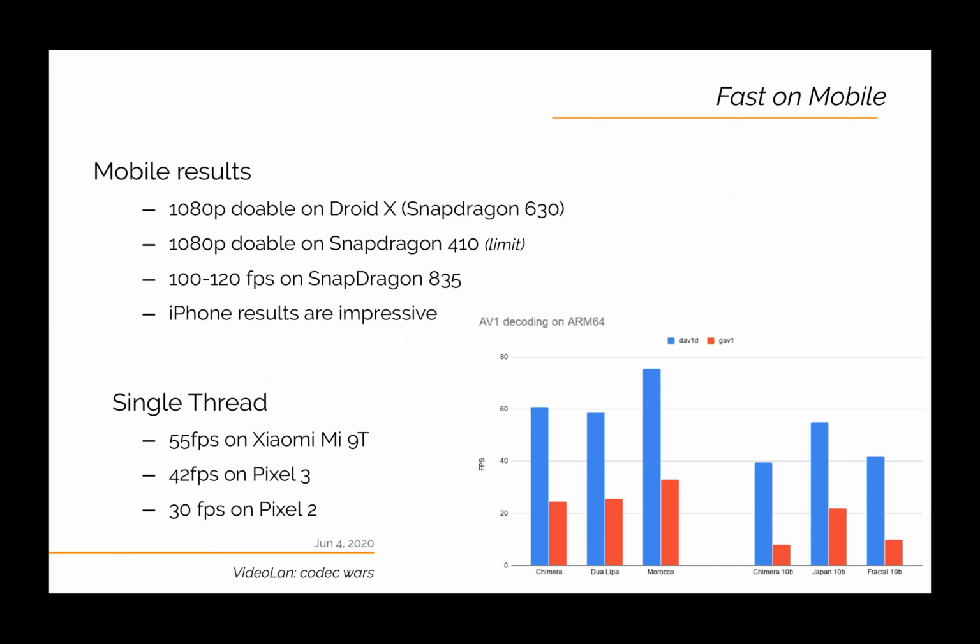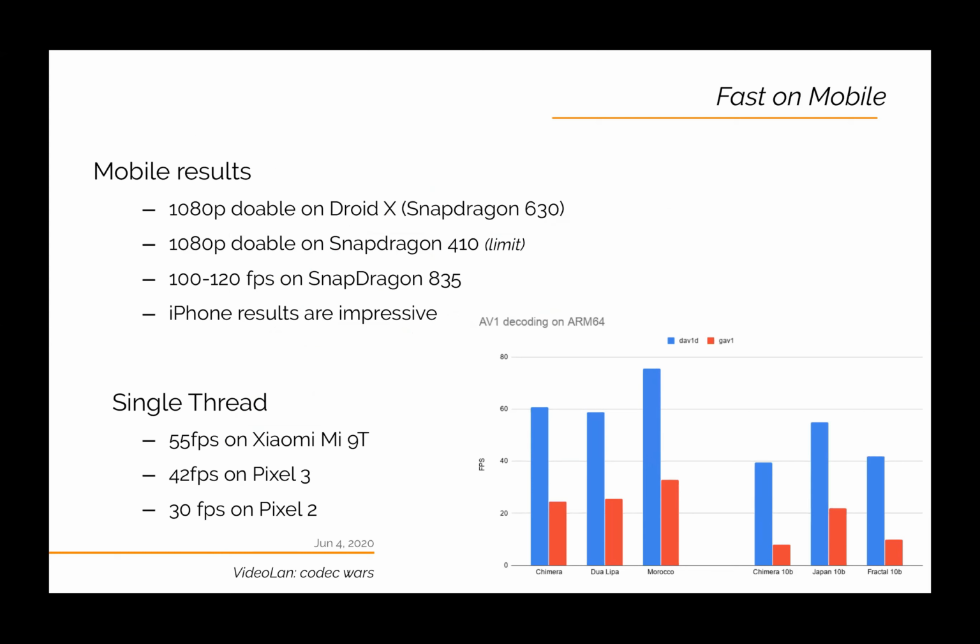And of course, now you're going to tell me, yeah, but all we care about is mobile, right? Because the fight is on mobile. Well, Dav1d is quite fast on mobile. If you use something like the Droidex, which is a mid-range phone from about 3 years ago, 1080p 60 is clearly doable.